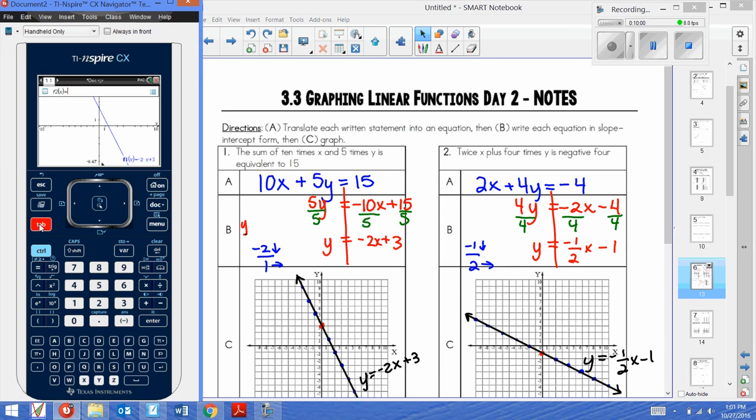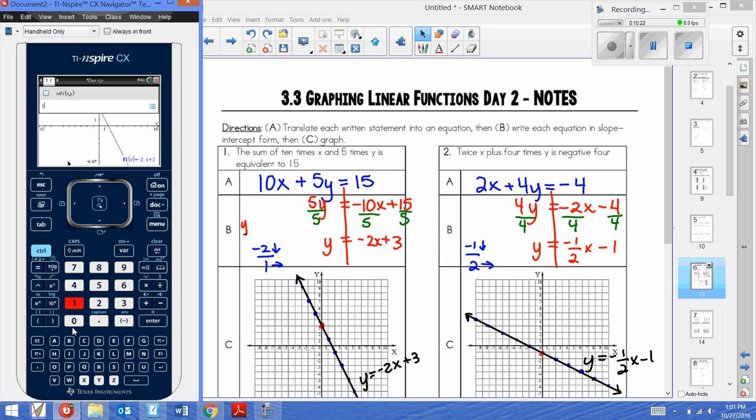Now, if we hit tab and I want to add a new graph, I also would like to graph this equation here. And right now you can see it's not going to be easy to graph it because it already has the y alone. So what we'll do is we'll hit delete and we get this option here that says relation. Whenever you click on relation, it lets you type in whatever you want.